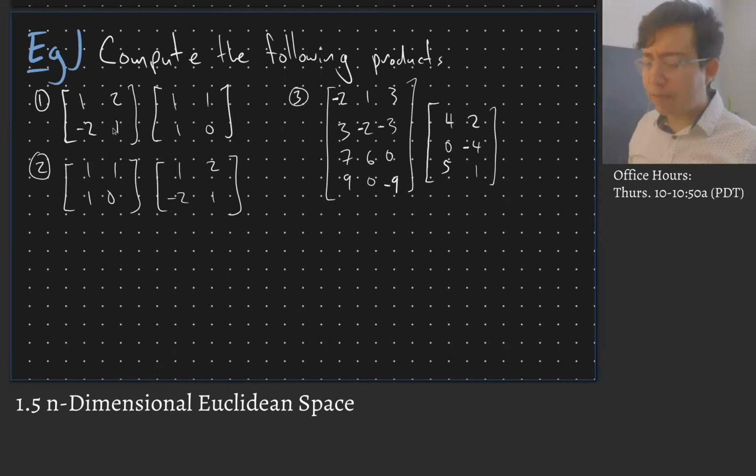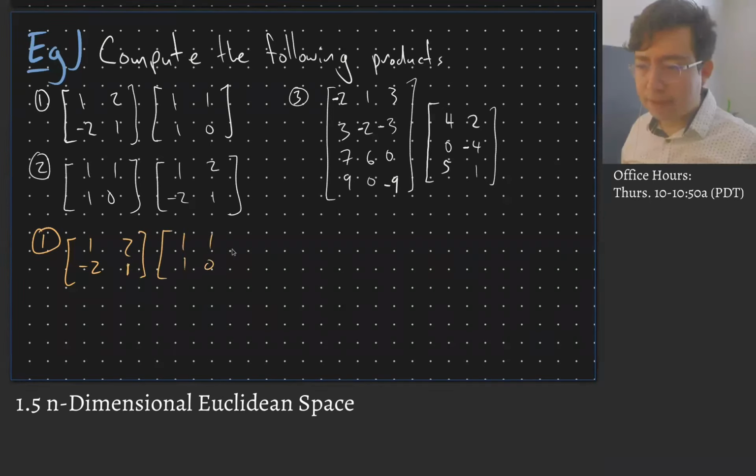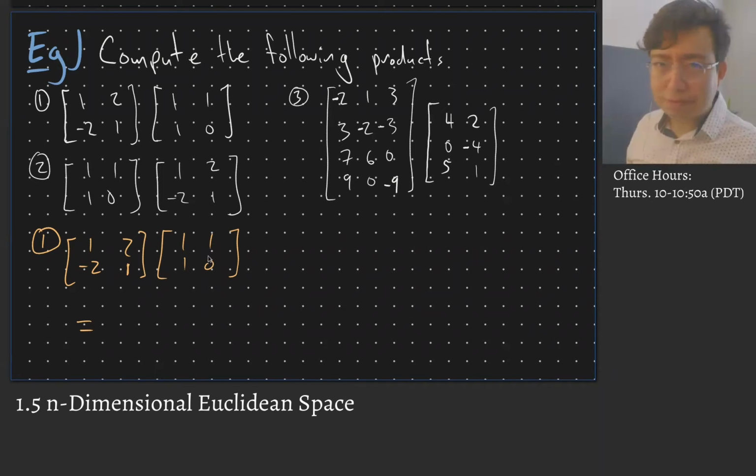Okay, so let's look at number one here. You have 1, 2, -2, 1, and 1, 1, 1, 0. If I want to compute this product, I have 2 by 2 and 2 by 2, which means I'm allowed to multiply them together.